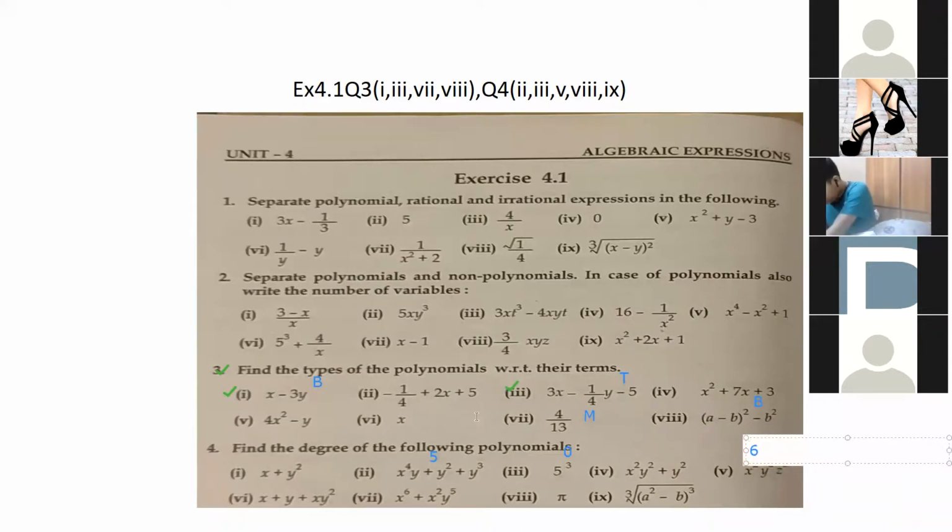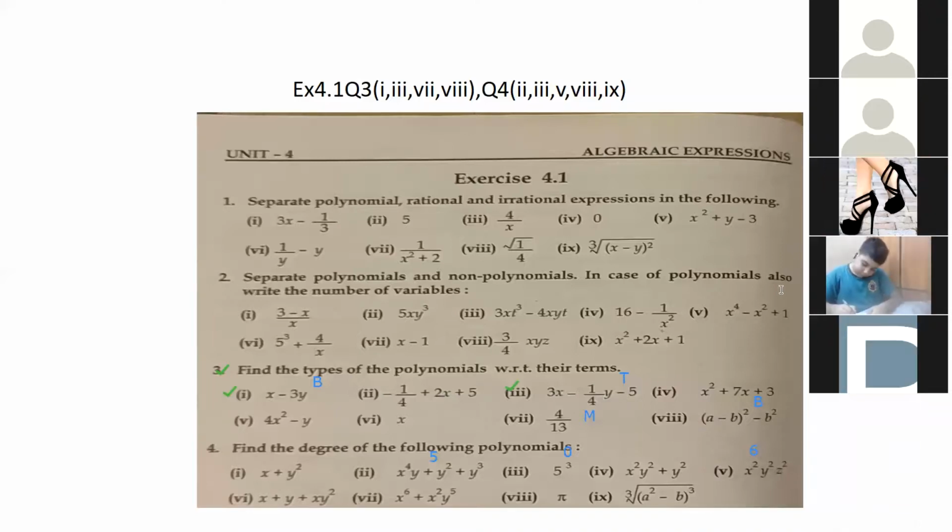Number 8. Jay Kumar, what is the degree of pi? Can you see the variable? Jay Kumar, bete, unmute yourself and show me. Yes, miss.